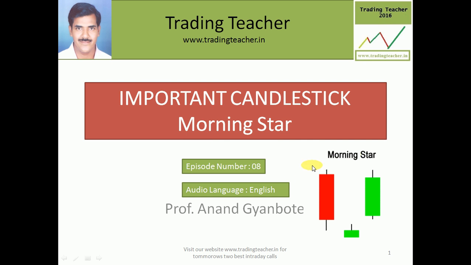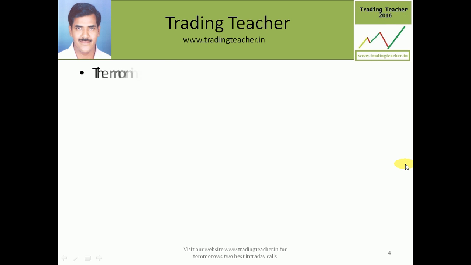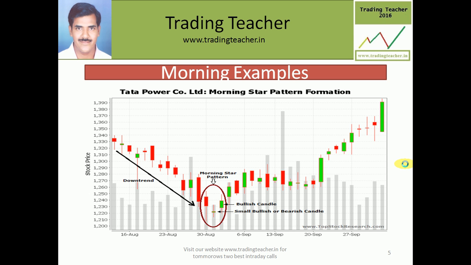Okay friends, let's read some charts and find examples of the morning star pattern. I have taken 2 examples from Indian markets. This is the example of Tata Power, and this chart is very old.